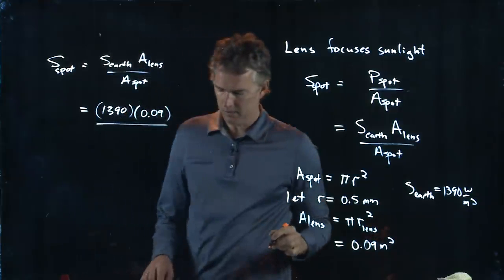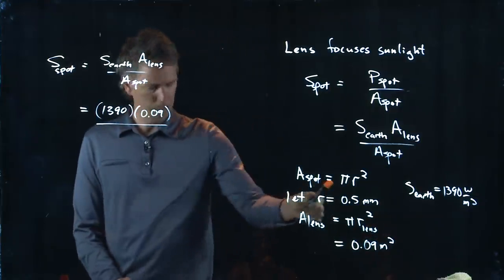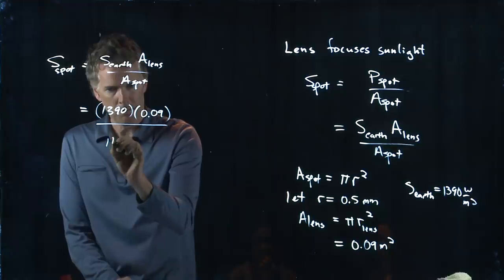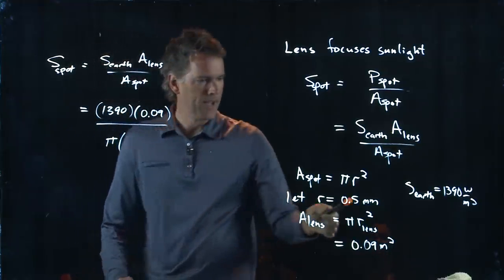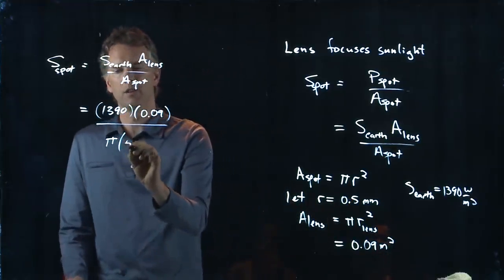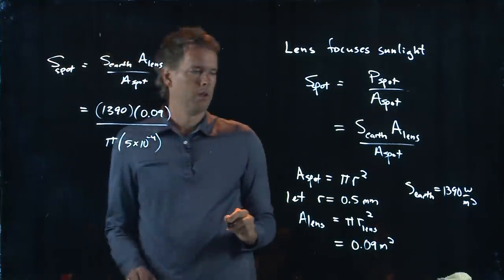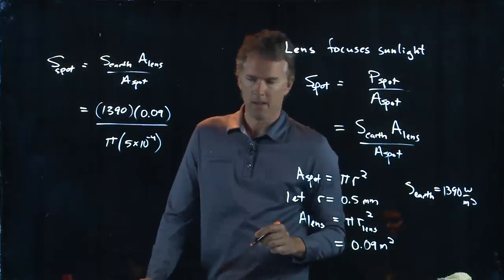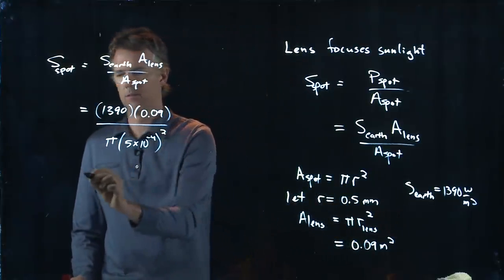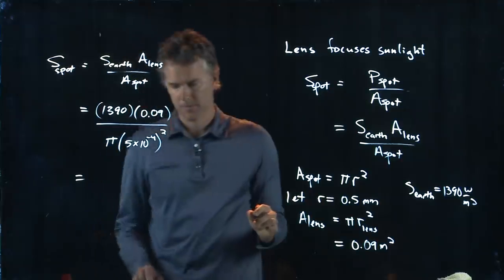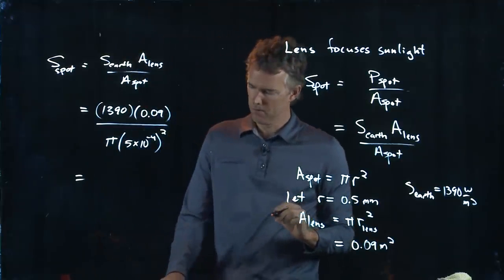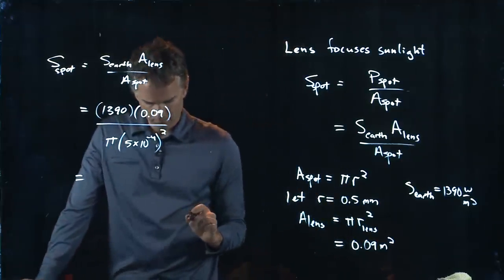We're all in SI units here. And then we need a pi r squared for this guy, so we have pi times 1/2 millimeter is 5 times 10 to the minus 4 meters. And we got to square that thing. Okay, so if you punch in all those numbers, tell me what you get.